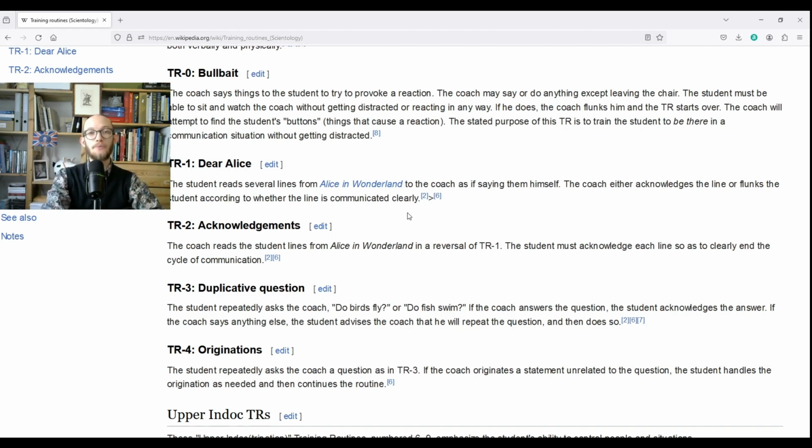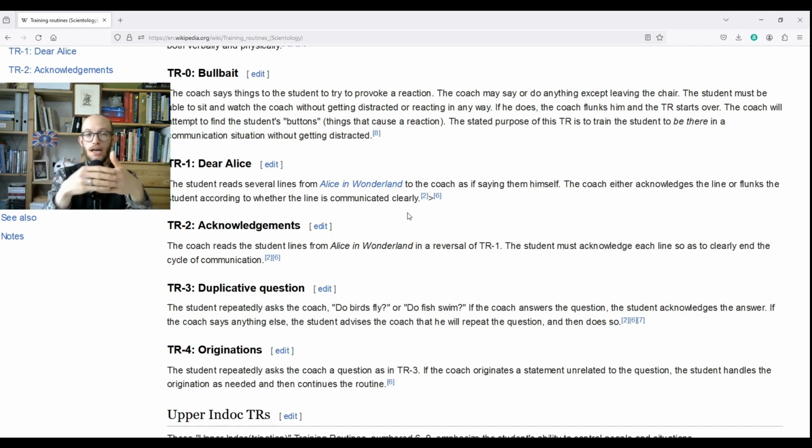So you take your Alice in Wonderland, and you as a PC would say to the coach, for example, Alice drank a cup of tea, and you have to say it in a way that it isn't wooden, that it just comes from you, and the coach makes sure that it's all correct. As I said, not wooden.